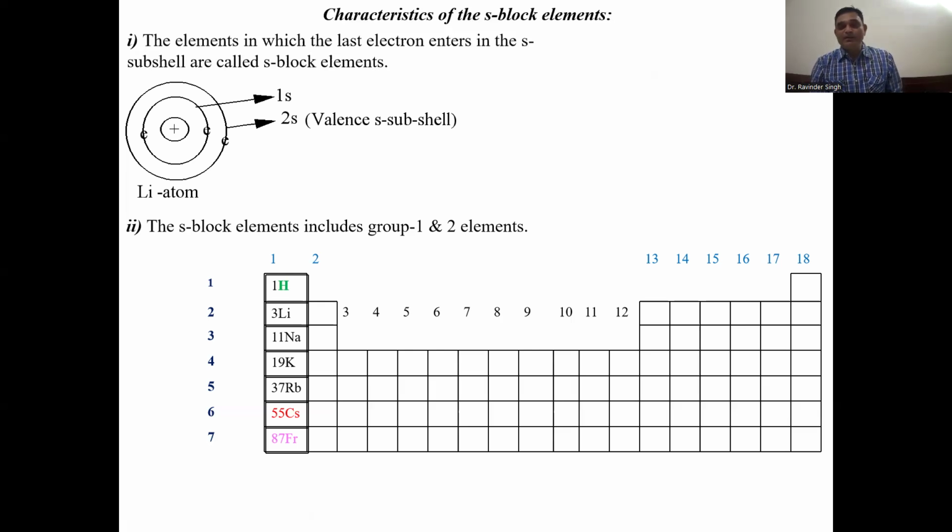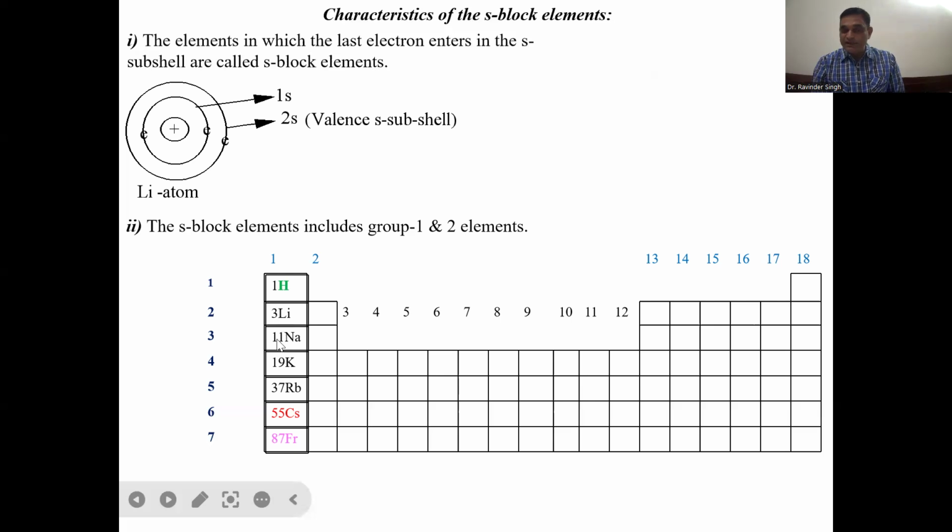How can we learn these atomic numbers? We have already learned about the magic numbers. The magic numbers for electrons are 2, 8, 8, 18, 18, 32. You can see the gap in the atomic numbers of hydrogen and lithium is 2. Next, the gap between lithium and sodium is 8: 3 is the atomic number of lithium, 11 is the atomic number of sodium, so the gap is 8.